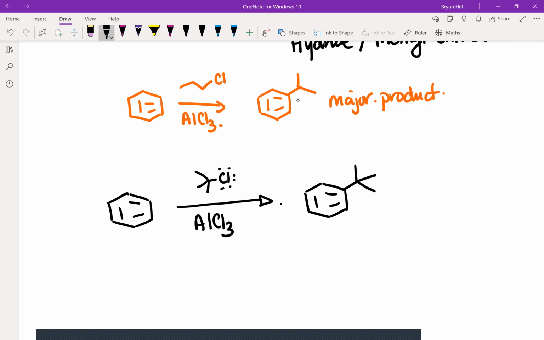Now, if we do this reaction with exactly one equivalent of benzene and one equivalent of your tert-butyl chloride, the major product, in fact, isn't this. This is the minor product. The major product is this one.